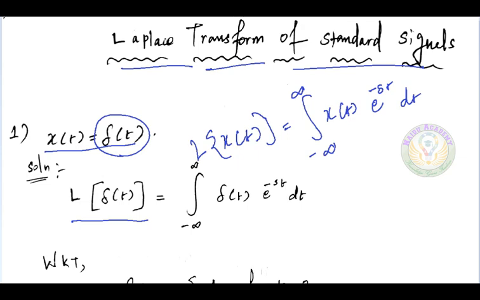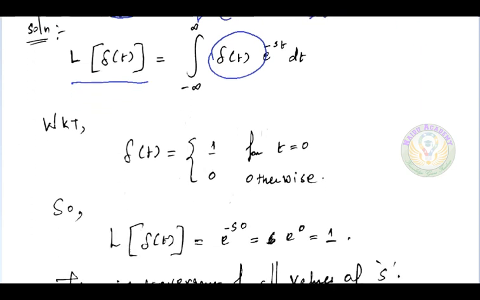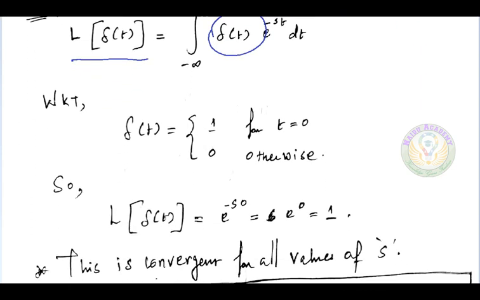Instead of x of t you are going to substitute the signal del of t, and we know very well that del of t is the unit impulse function, 1 for only t equal to 0, otherwise 0.